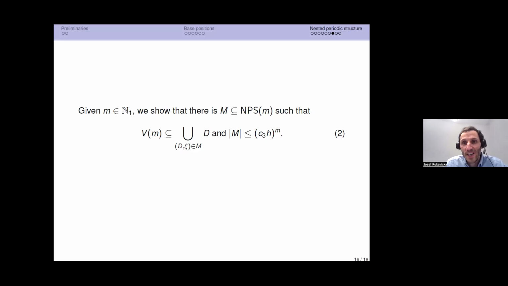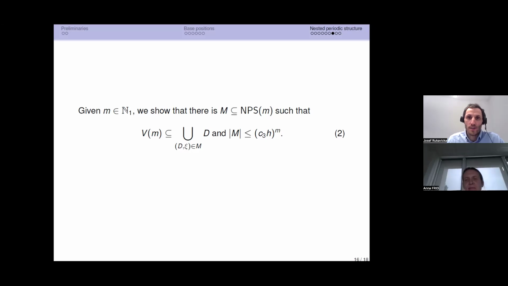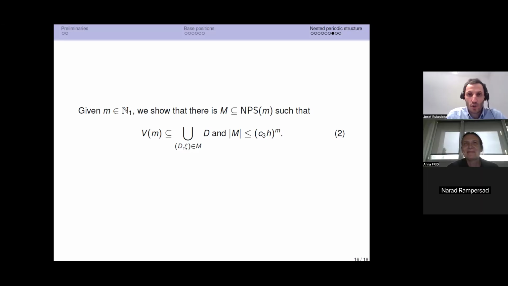So we can say that I can cover only polynomially many base positions. But we have seen that the number of base positions grows exponentially with H, because of this binary tree structure, and the number of leaves in a binary tree grows exponentially with the number of levels in the tree. Then with these two results, it's just a simple exercise to prove the conjecture. I will stop here.